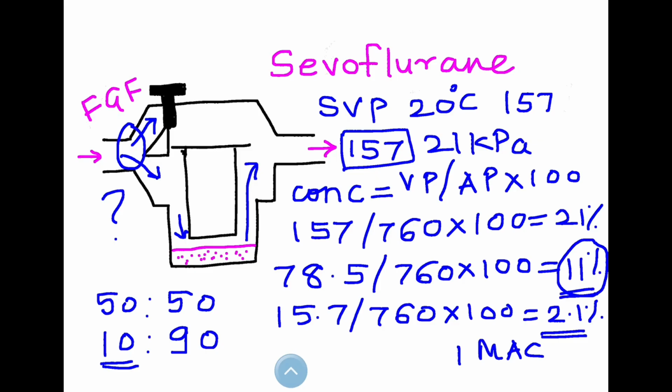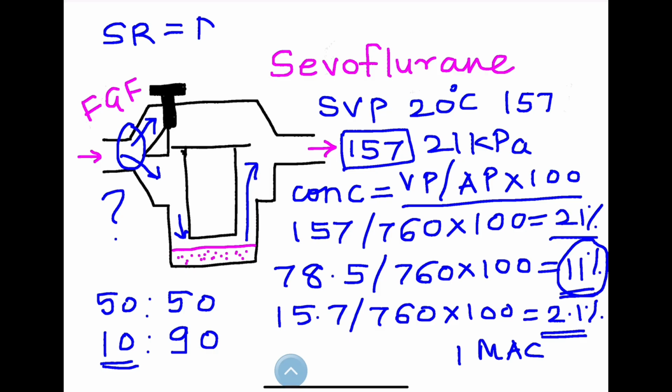So 157 divided by 760 multiplied by 100 is equal to 21%. So the splitting ratio can be calculated using the formula: splitting ratio is equal to desired concentration divided by the maximum concentration minus the desired concentration. So 2 divided by 21 minus 2 is equal to 2 upon 19, that is 0.11 or 11%.